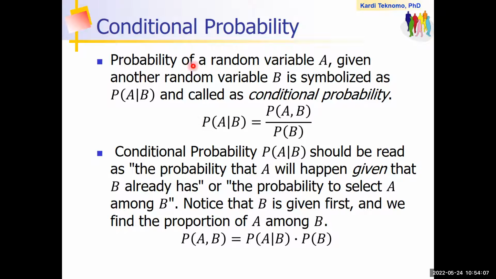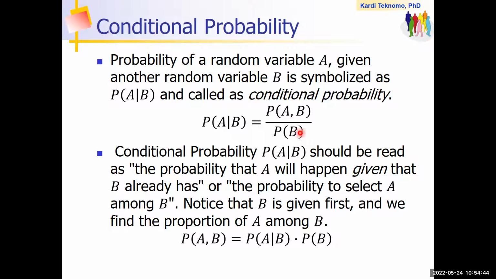The probability of a random variable A given another random variable B, we symbolize as P(A given B). The definition is the joint probability, A intersect B, and I put a comma here instead of intersect, same meaning, divided by P(B).